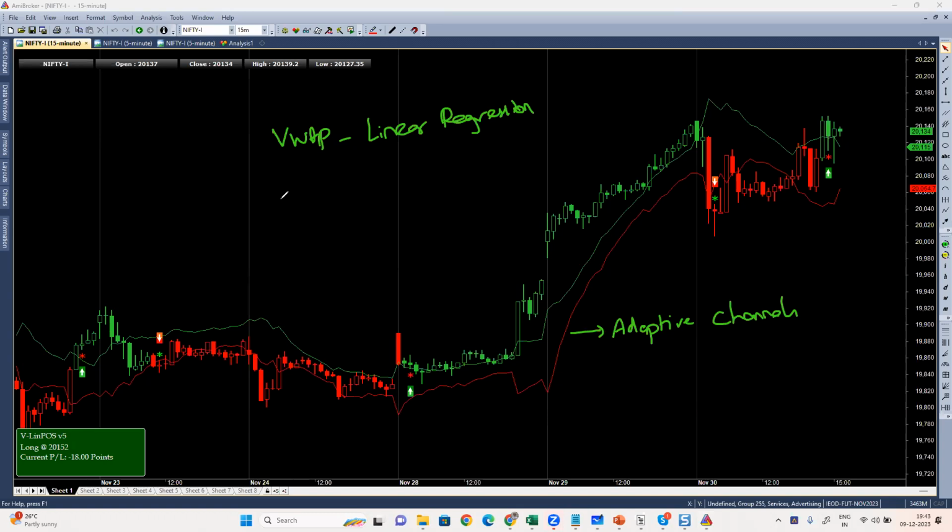So we measure volatility on the hourly time frame, and we divide it into 4 seasons, right? So we put it in 4 different quadrants. It can be high volatility, or extremely high volatility. It can be low volatility, or extremely low volatility.